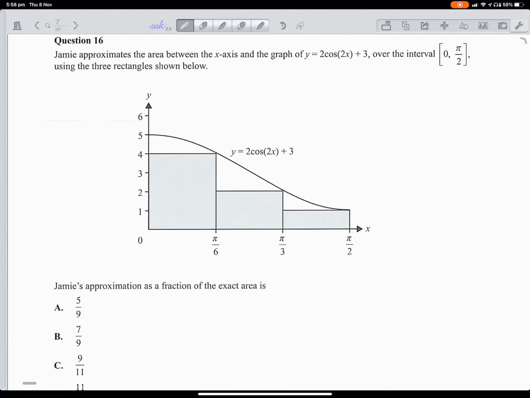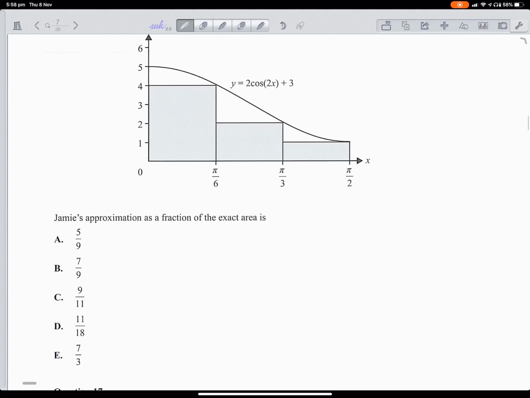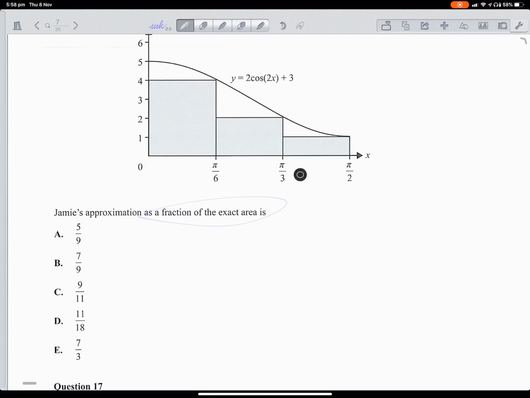Okay, what? Express the approximation as a fraction of the exact area. Oh, wow.